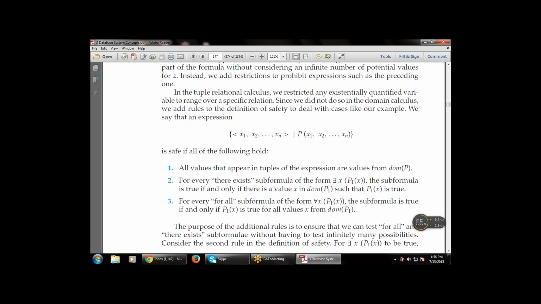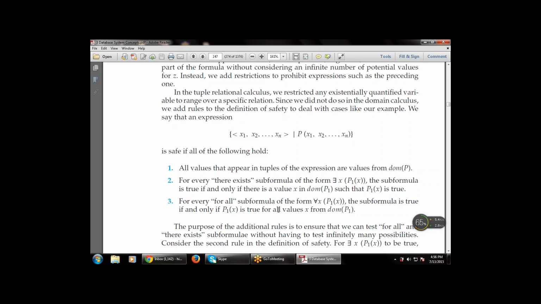All values that appear in the tuples of the expression are values from the domain of P. For every subformula of the form there exists x P1 of x, the subformula is true if and only if there is a value x in the domain of P1 such that P1 of x is true.